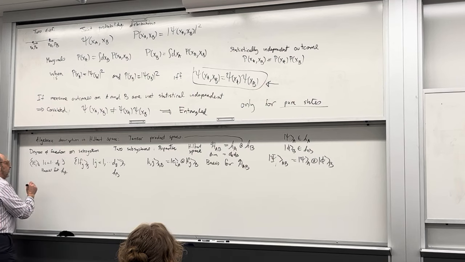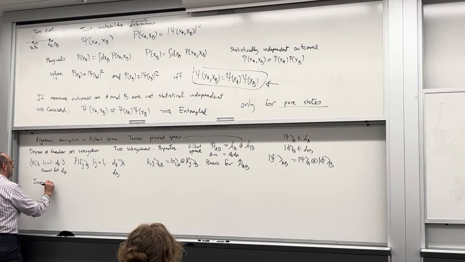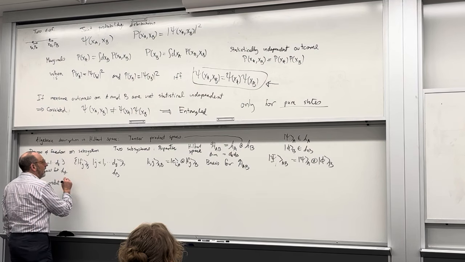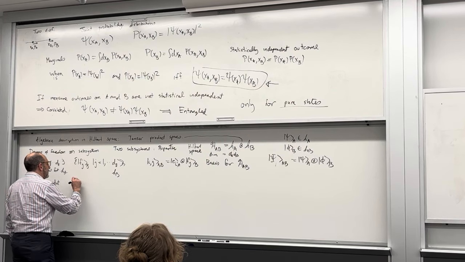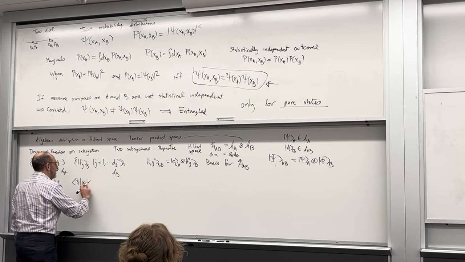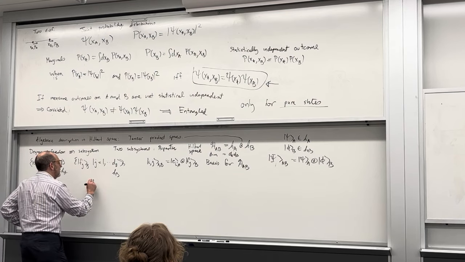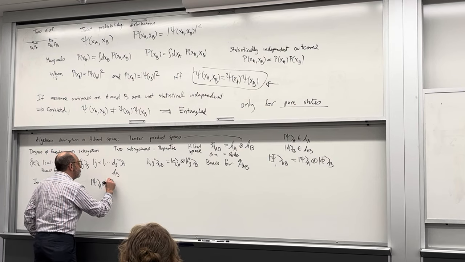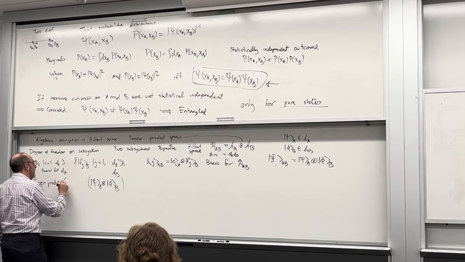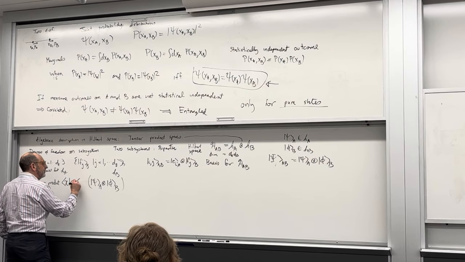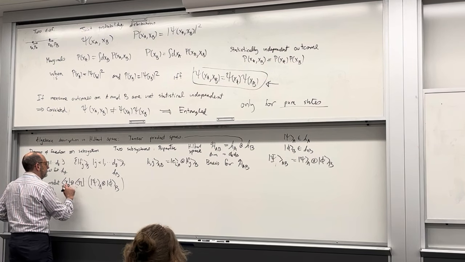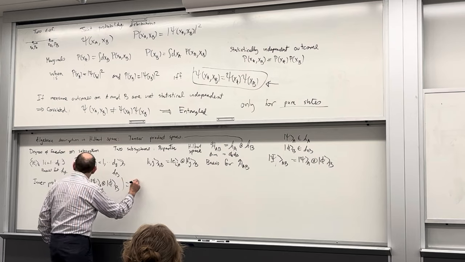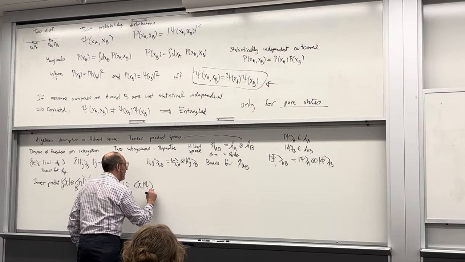And we can define the inner product: if I have two states, say psi tensor phi, and I look at the inner product with another state, chi tensor eta, this is just the product of the complex numbers, that is the inner product of the two.